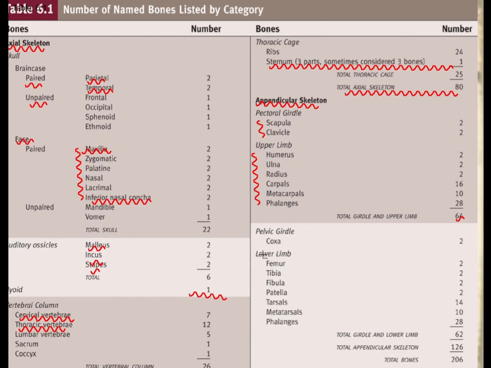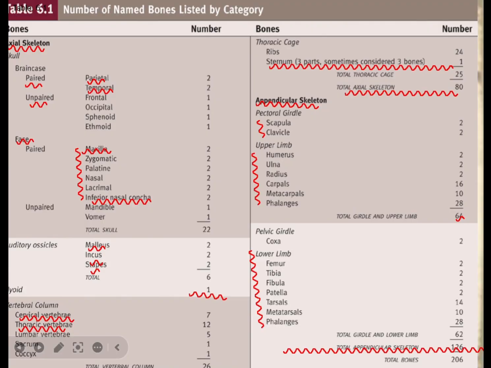Then the lower limb: femur 2 in number, tibia 2 in number, fibula and patella also 2 in number, then tarsals 14, metatarsals 10 bones, and phalanges 28 bones. So the total of girdle and lower limb is 62 in number. The whole total of the appendicular skeletal system is 126 bones.